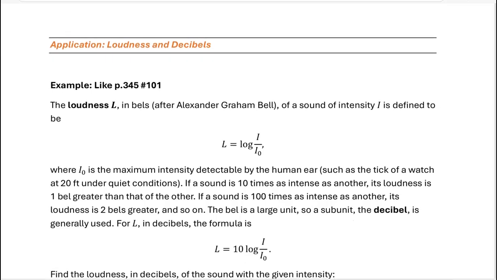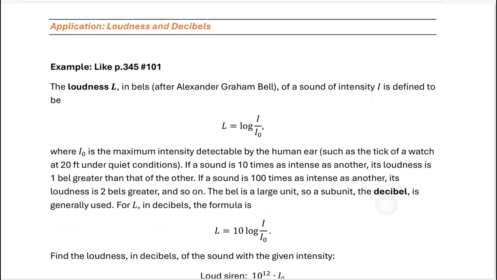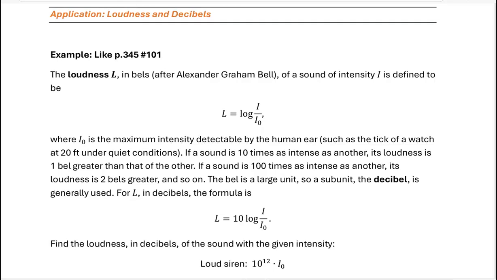You finish up with a couple of application problems. The one before this is the pH scale, which I might just make a comment about, since I don't have that example on here. Maybe I'll write that in here just real quick. The pH scale, the formula, it's a logarithm scale. It's common log, and it's got a negative log, and then it's got this bracket with an H plus in there.